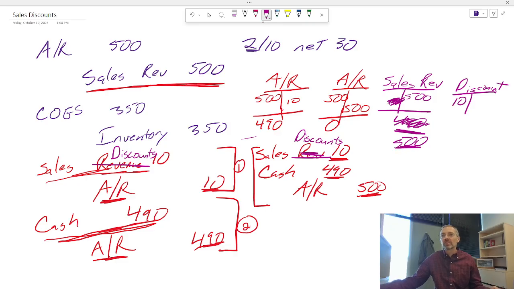So the $500 credit combined with a $10 debit, that's what's going to be shown on the income statement, so someone can actually look at that and say, okay, I can see how much the list price was, how much in discounts were taken. It's still $490 in net revenue, but I can see the breakdown there. So we are going to use the sales discounts account when we are tracking discounts we have given to our customers.